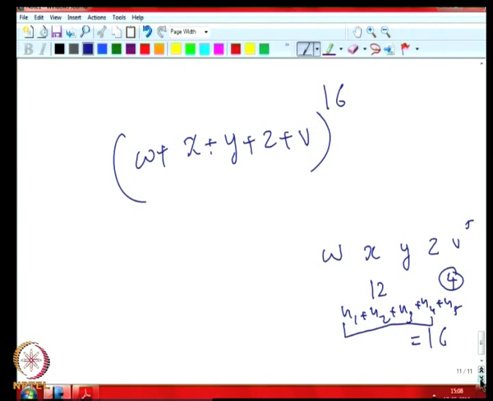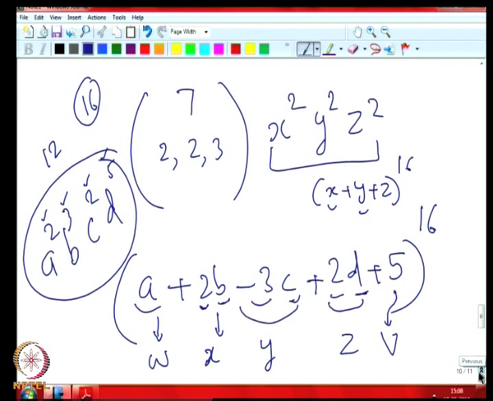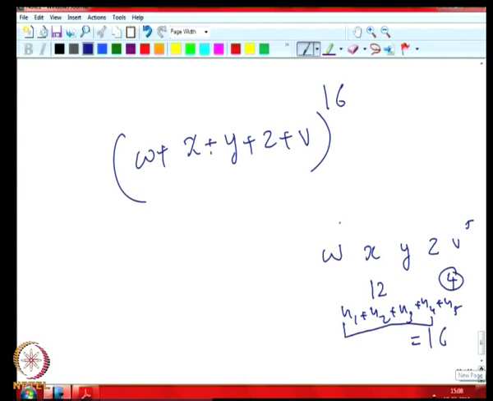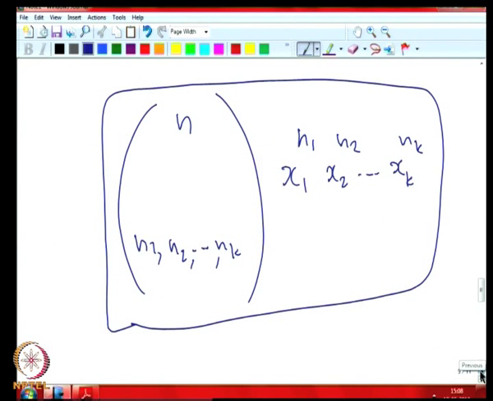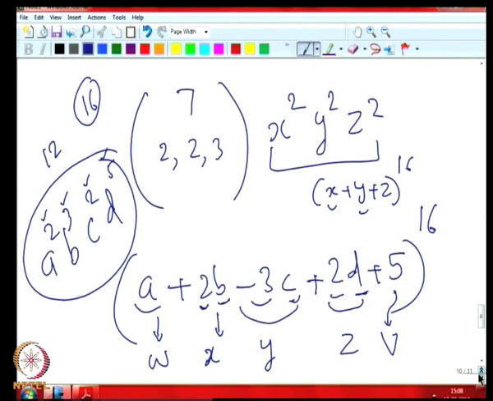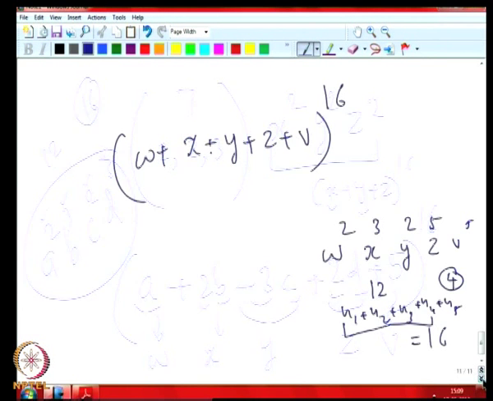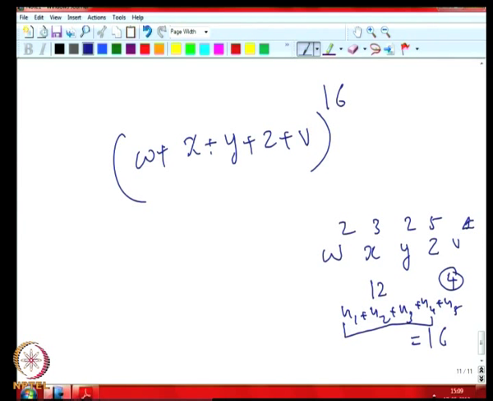As we want 2, 3, 2, 5, and 4, this is 4, right, 2, 3, 2, 5, 4.